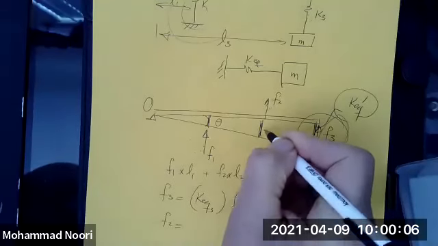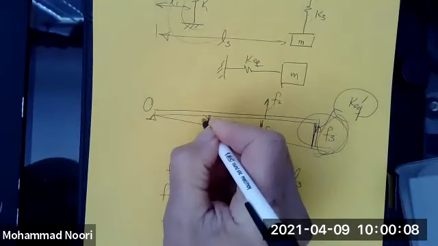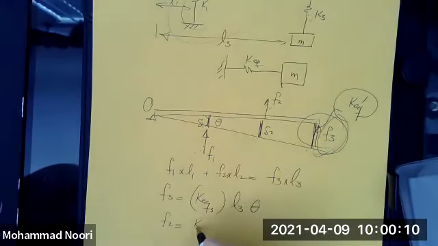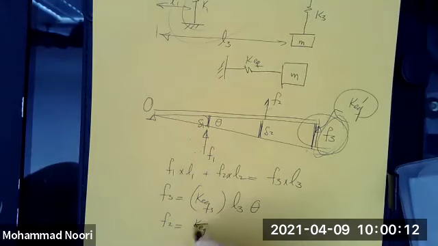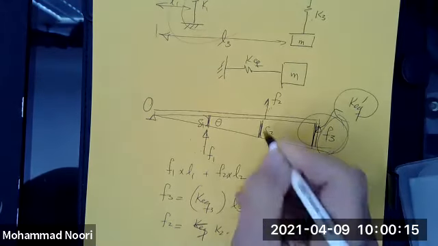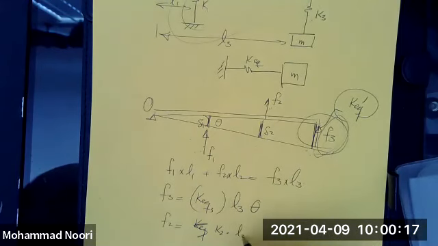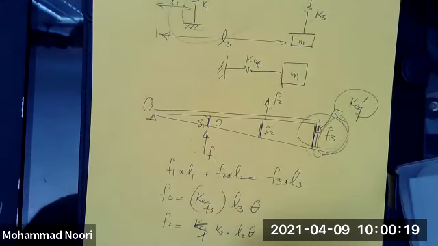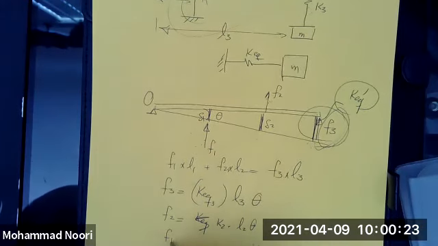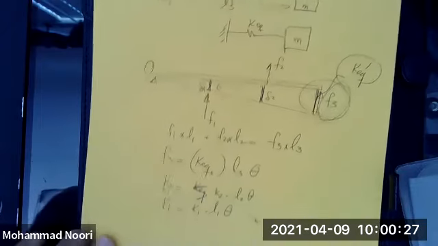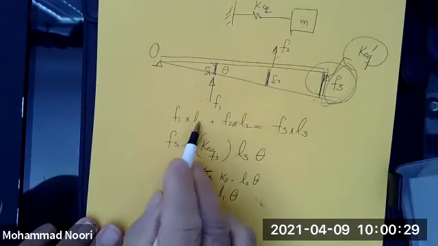F2 would be K2 times this displacement, which is L2 theta. And F1 would be K1 L1 theta, right? So put these in here.